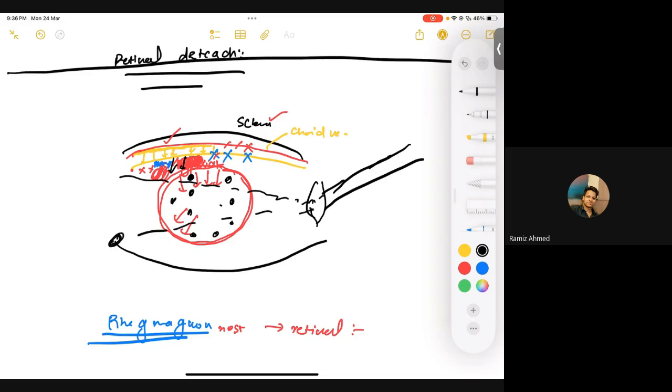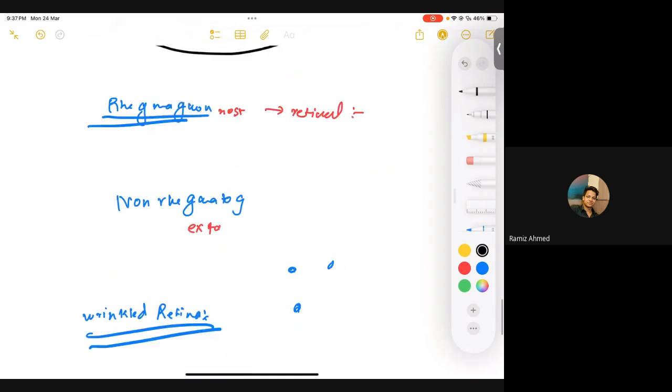So if you have some exudates or some remaining component of the detached retina, it would impede the normal pathway of light. And once it impedes the normal pathway of light, at that point you are going to see floaters, right? Is that clear? Yes. Okay.